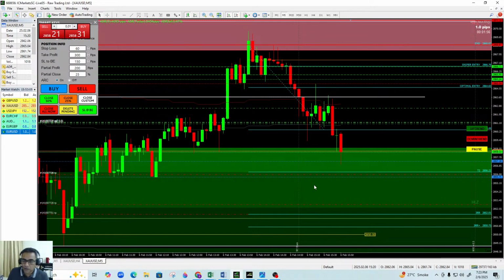Just about 2 minutes for this candle to close. Let's see. It's got to close below the previous 4-hour low. If not, if you reject, then we're heading higher, right?